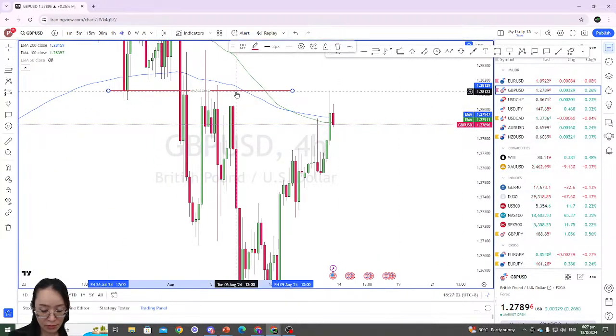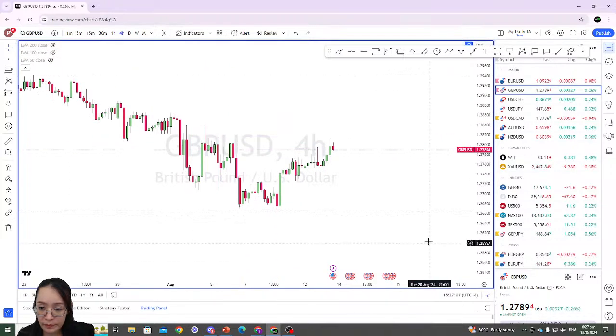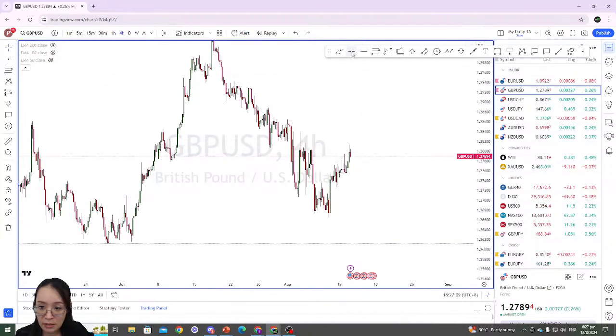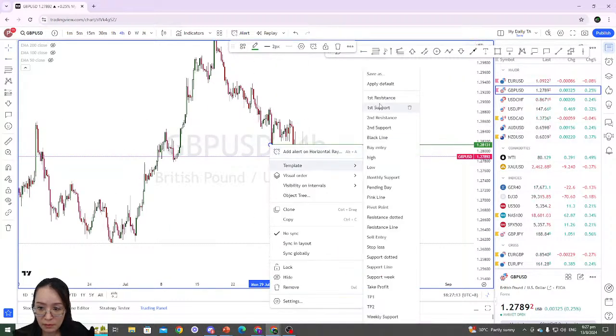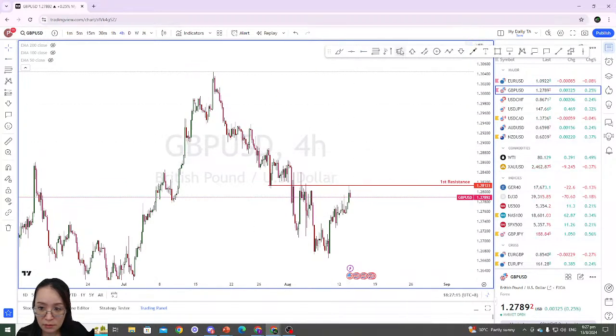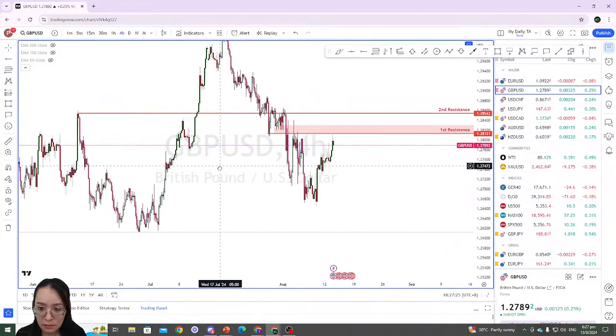So for the sell zone for the GU later, this is gonna be first resistance, but of course I will highlight the zone. This is my second resistance.